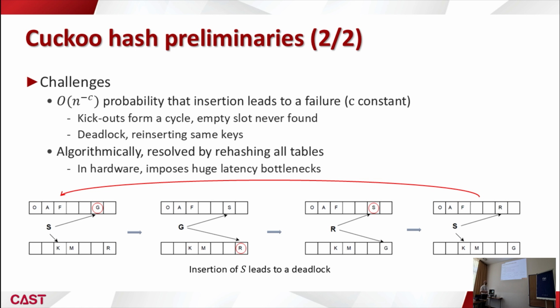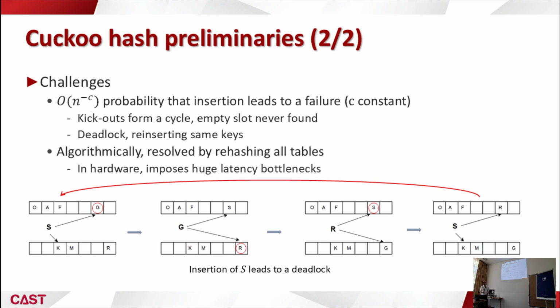However, there is no guarantee that we are going to reach this situation after a predefined number of kick-out and reinsertion iterations, or that this loop will involve the initial key-value pair. And this translates to an unbounded latency for hardware implementations.